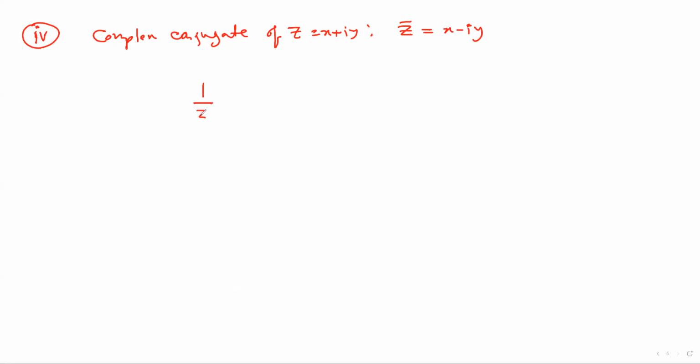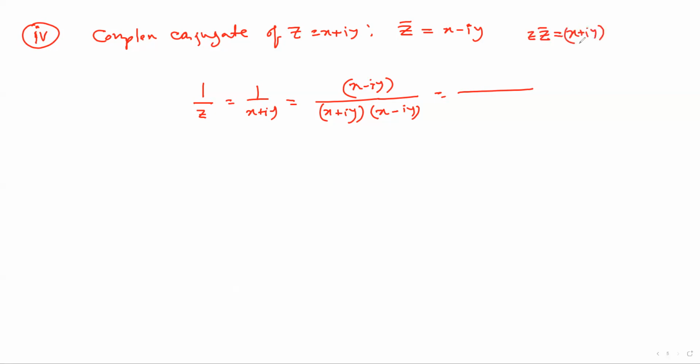So if you have a complex number like this, if you multiply by the conjugate of the number in the denominator on both numerator and denominator, what happens is the multiplication of a number by its conjugate gives a very interesting output.